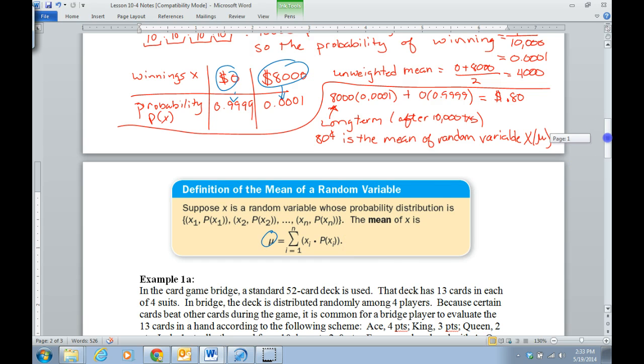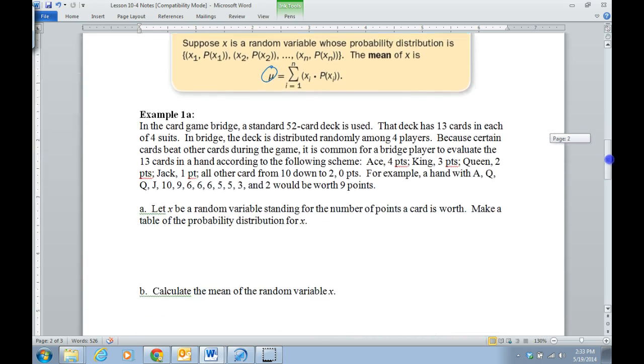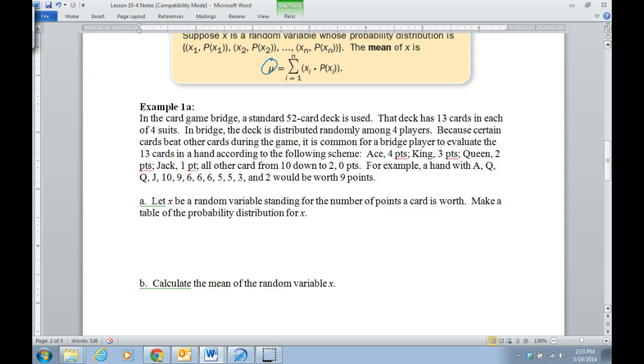All right, so now let's look at example 1A. In the card game Bridge, a standard 52 card deck is used. The deck has 13 cards in each of 4 suits. In Bridge, the deck is distributed randomly among 4 players. Because certain cards beat other cards during the game, it is common for a Bridge player to evaluate the 13 cards in a hand according to the following scheme.